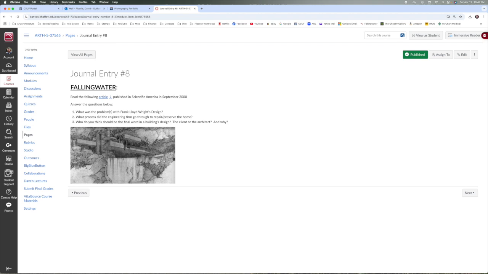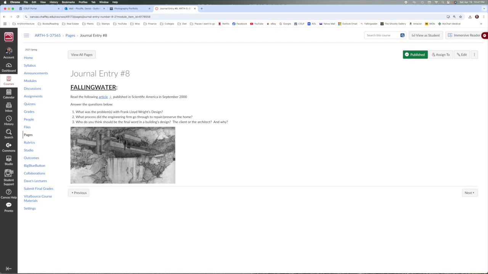Unfortunately, about 80 years after Frank Lloyd Wright built this building, there were some issues with it. And so an engineering firm had to come in, repair, preserve the home. You're going to list the problems that the home had, what the engineering firm did. And then the third question there just asks you a plain question.